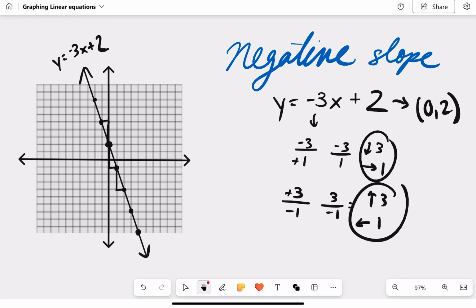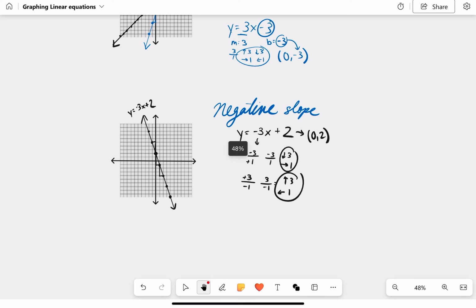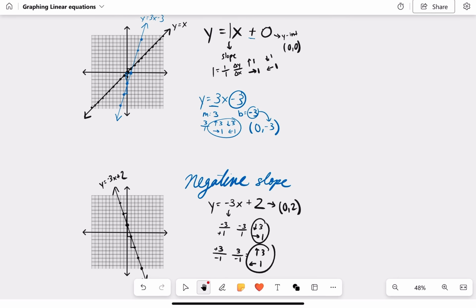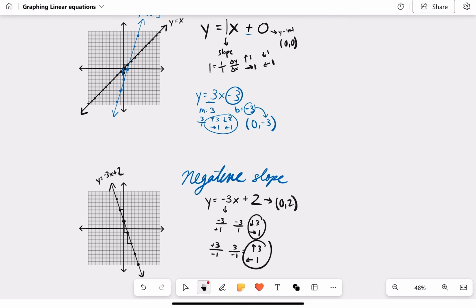Now, can you tell the difference between the lines with a positive slope and a negative slope? As you can see, they're going two different directions. This is something important to know. When the slope is positive, the line looks like this. When you go from left to right, it's going up from left to right.